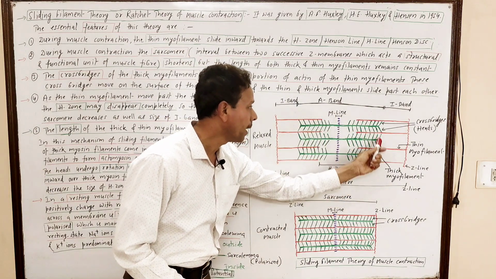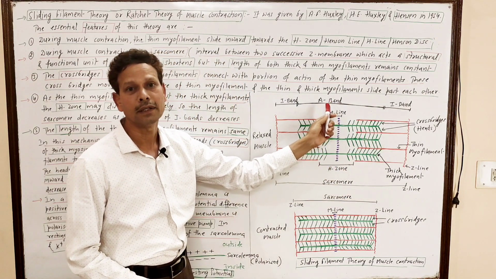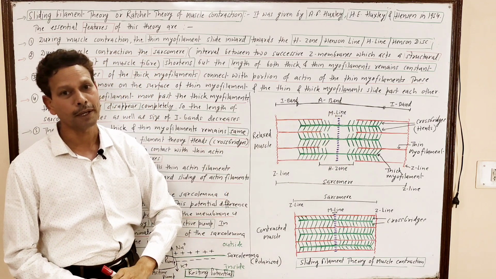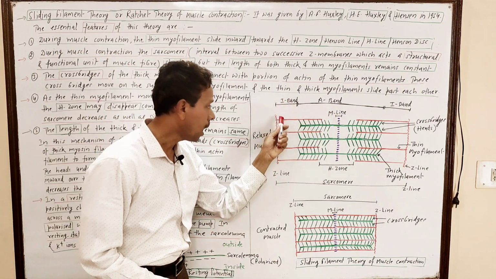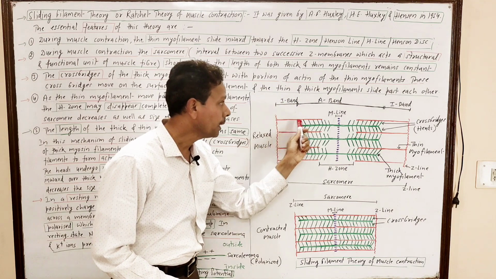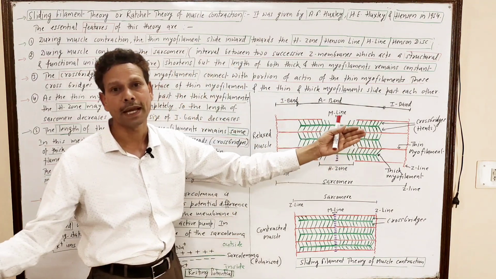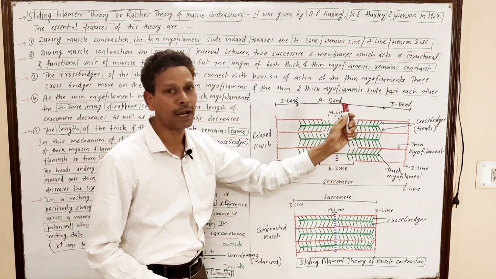In this sarcomere, there is a complete A band, which is anisotropic, and half I band on both sides of this A band.